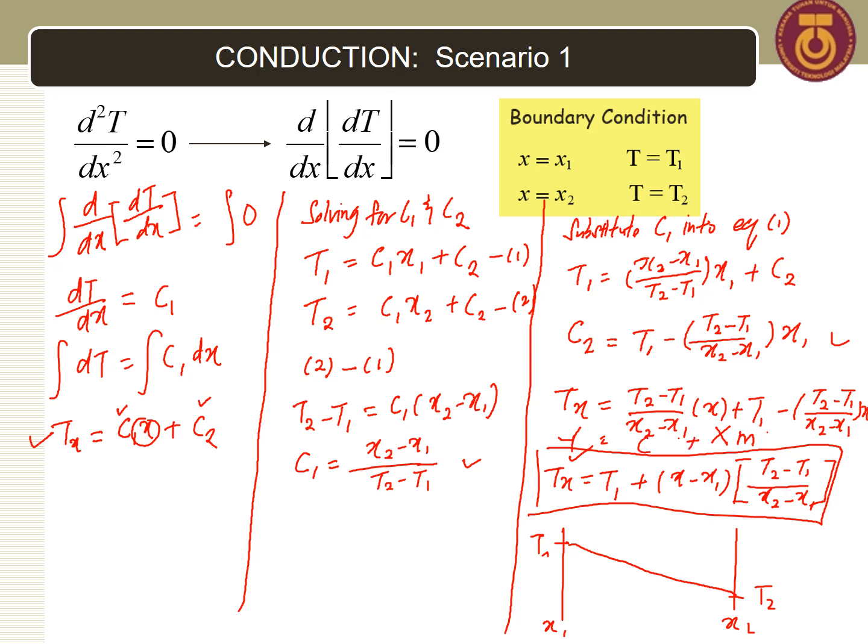So it's linear, meaning the temperature changes linearly from x1 to x2. With this formula, if T1 and T2 are known and we know the location, we can identify the temperature at any point within this boundary.